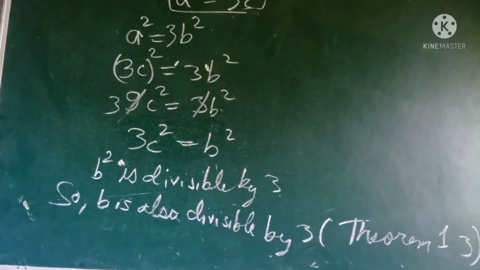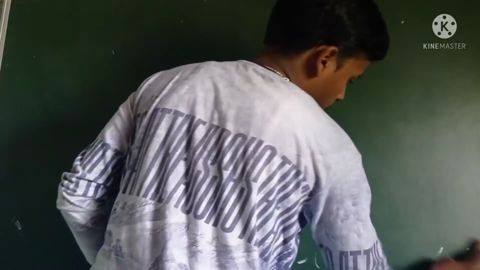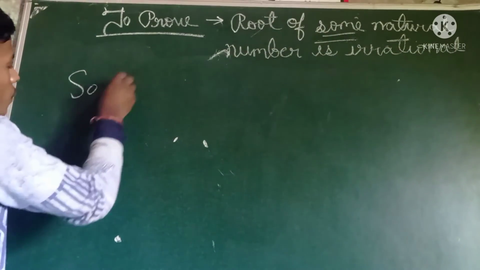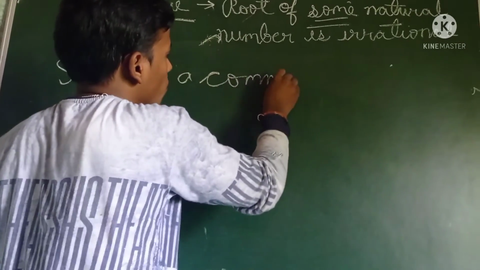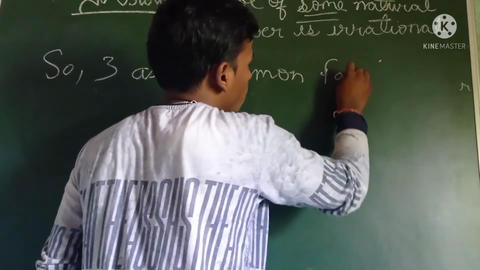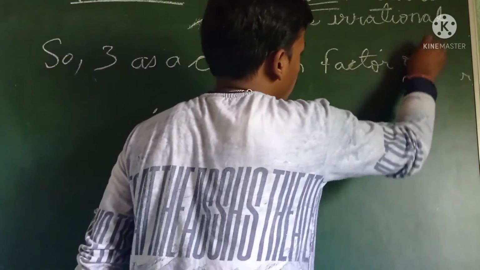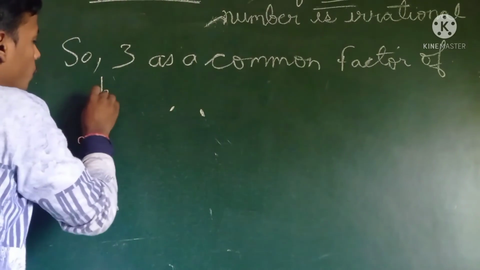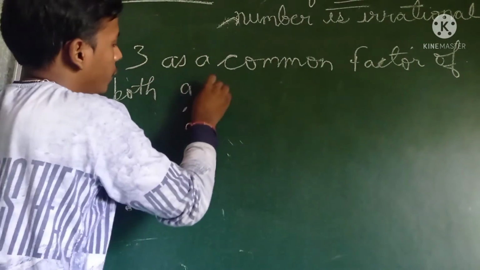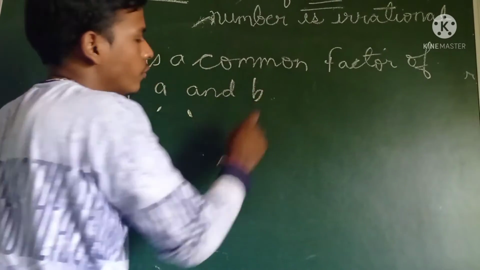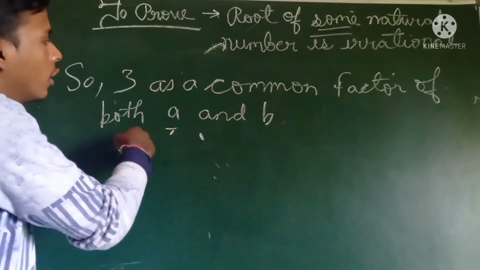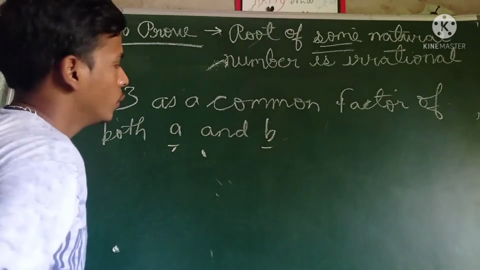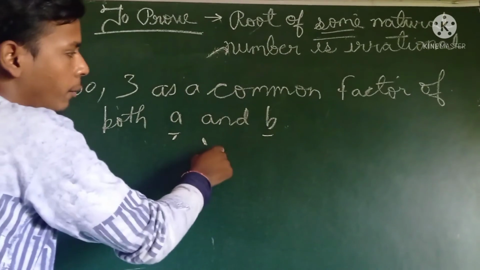So 3 is a common factor of both a and b, which we have proved above: 3 is a factor of a one time and 3 is a factor of b one time. So 3 is a common factor of a and b, as we have proved above.